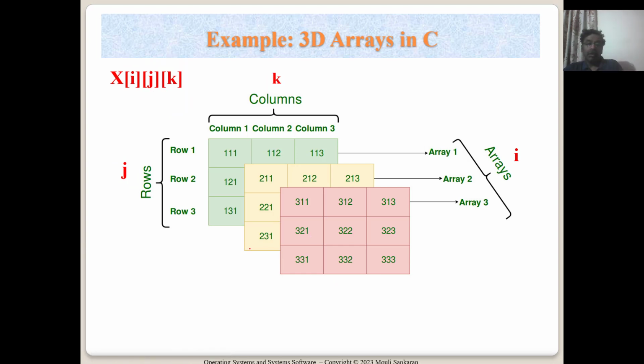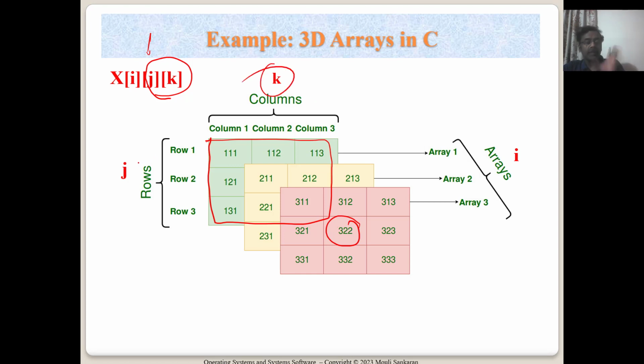Suppose I need to find the address of this element, I'm sure you will be able to compute it. You should know the total space occupied by the entire array. So you should know the value of j, how many columns there are, the max columns, and how many rows there are.